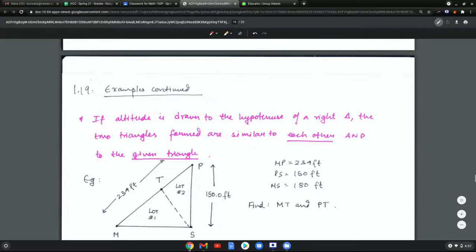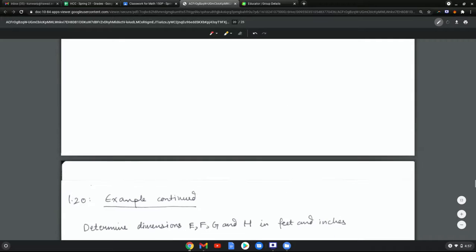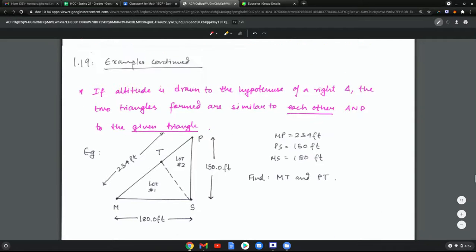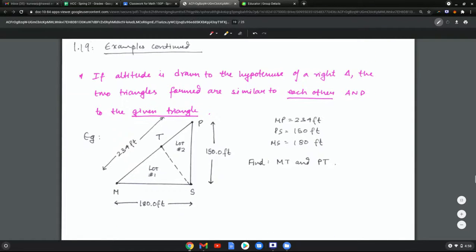And the last case in which you can have similar triangles is if you start with a right angle triangle and then you draw an altitude. Then you get these two triangles.